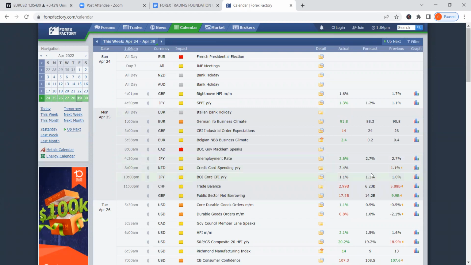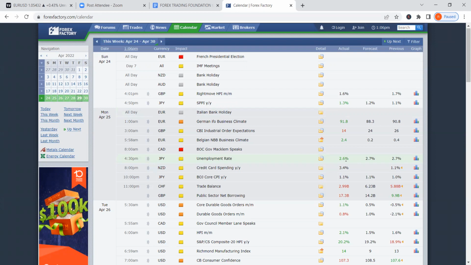But let me now give you an instance. If you have 2.7 here, and they are expecting it to go to 2.8, no, let's say they project it to increase to 3%, which is bad for the economy.